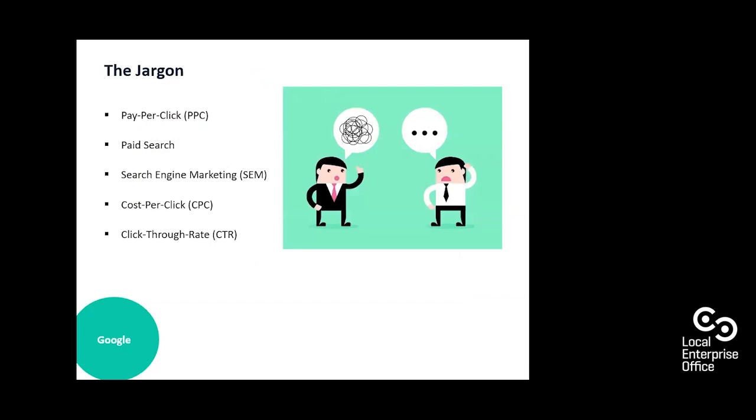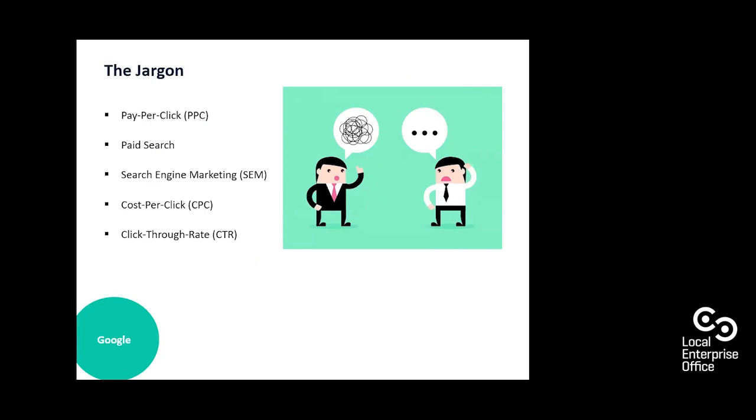Just in terms of some of the jargon, and we don't need to get too worried about that. PPC is pay-per-click, so we're paying for the person to visit the website. Paid search is pretty much the same thing. Then there's search engine marketing versus SEO, search engine optimization. Sometimes these are used interchangeably, but when we talk about search engine marketing, we're talking about paying for people to visit our website.